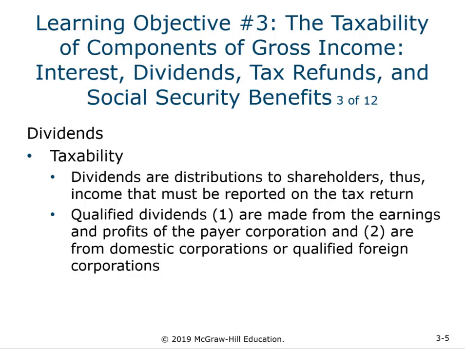If it's from a mutual fund, which is very, very common, okay, then it is not qualified and it is taxed. It doesn't fall under the special rules. So if it's qualified, it falls under special rules. Now, when you prepare tax returns, especially using the TaxAct software, okay, that we're going to use, you'll need to put in the amount of qualified dividends and the amount of regular dividends.